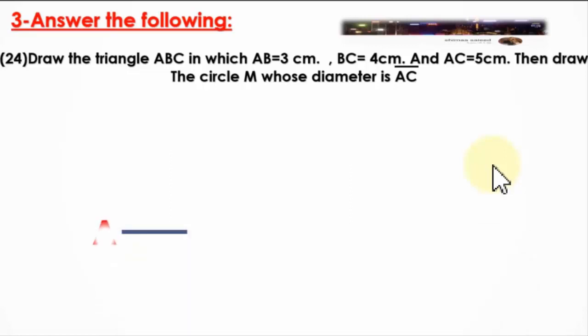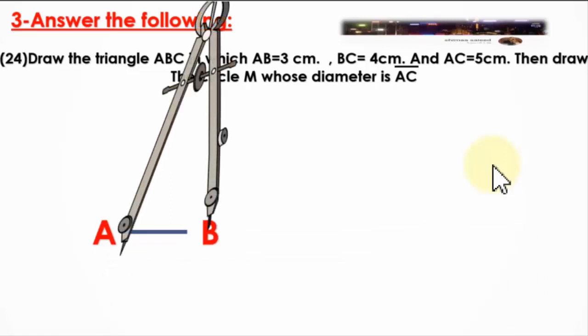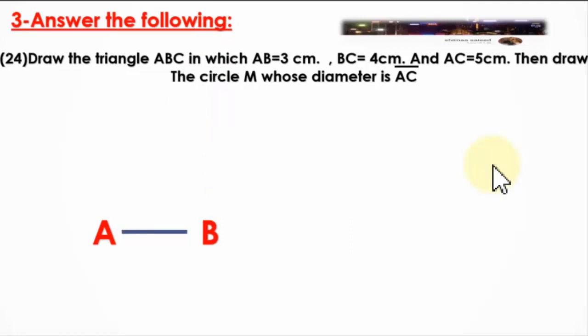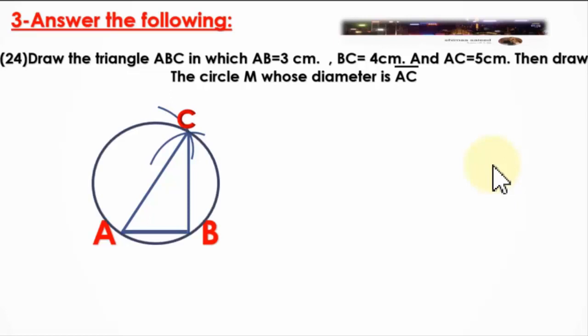Write A and B. Then use your compass to draw BC equals 4 and AC equals 5. Join the line segments BC and AC. Don't forget to write C. Now you draw the triangle. After that, draw the circle M whose diameter is AC. Okay, we draw the circle whose diameter is AC.